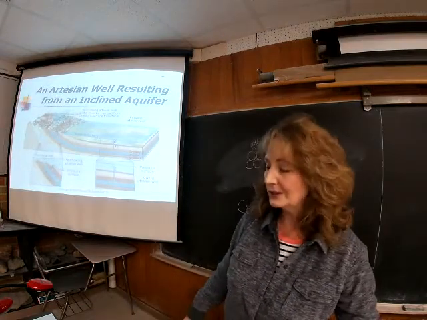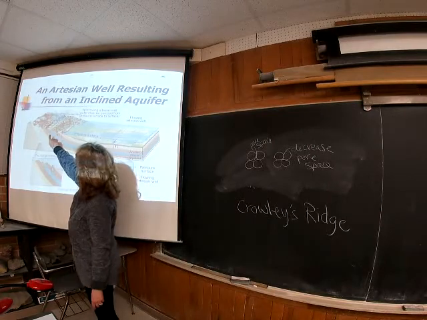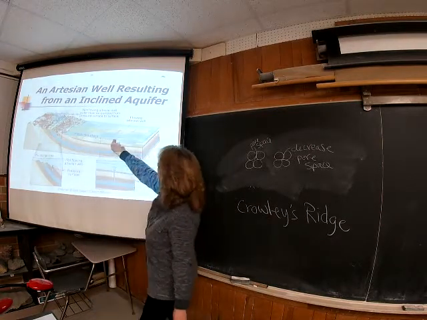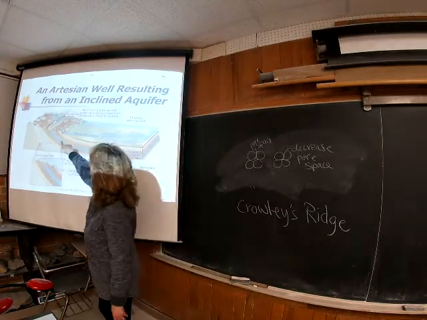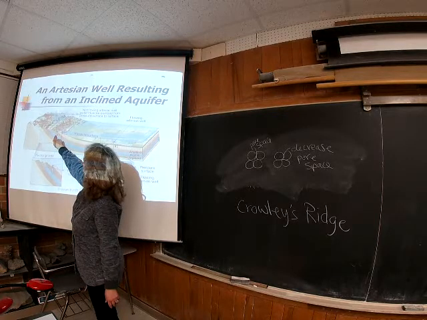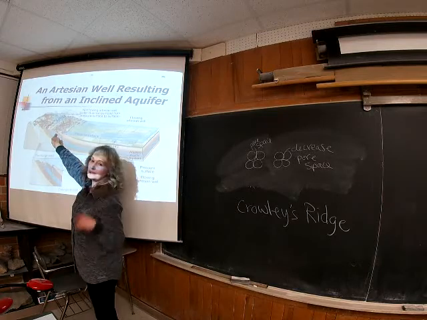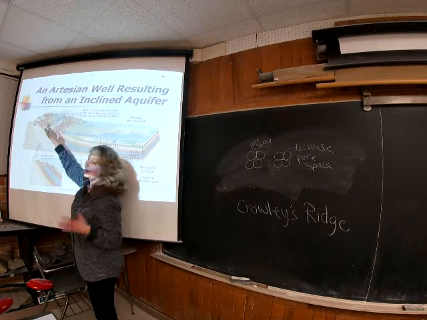But again, it has to do with where that pressure surface is. Right along here, you might not be able to see it too well, but there's a little pressure surface right along through there. We've got one well that's being dug right into here, and the water will come up to that pressure surface on its own. You'll probably have to pump it from there to there.